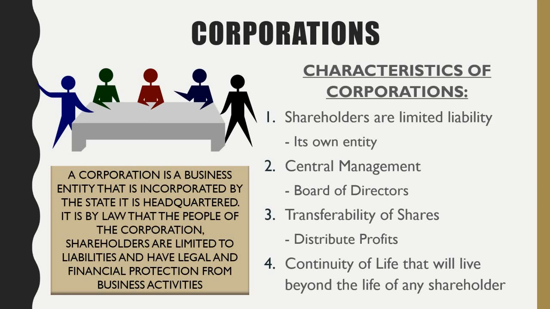for example, my fiance's company, right? He doesn't own it, but he's a member of it or an employee of it. His company was incorporated and established in Atlanta, Georgia. So that means their headquarters is in Atlanta, Georgia.